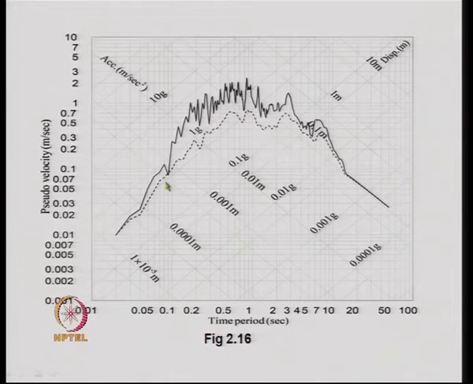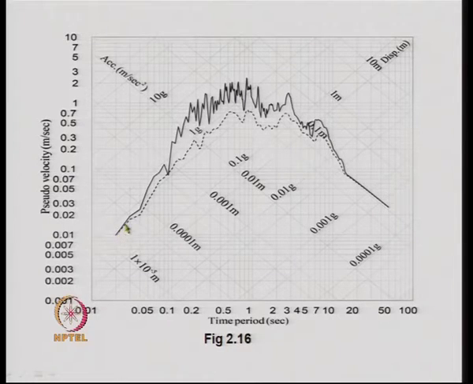This axis corresponds to the acceleration in the logarithmic scale, and this axis shows the displacement in the logarithmic scale again. Now, we can plot S_v versus T_n in the logarithmic scale.